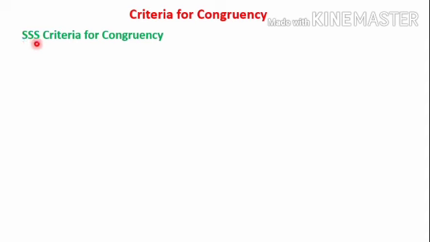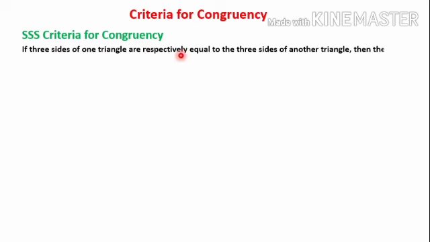The first criterion is the SSS criterion for congruency. Here S stands for side, so SSS means side, side, side. We compare only the three sides of one triangle with the three sides of another triangle. The statement says: if three sides of one triangle are respectively equal to the three sides of another triangle, then the two triangles are congruent.